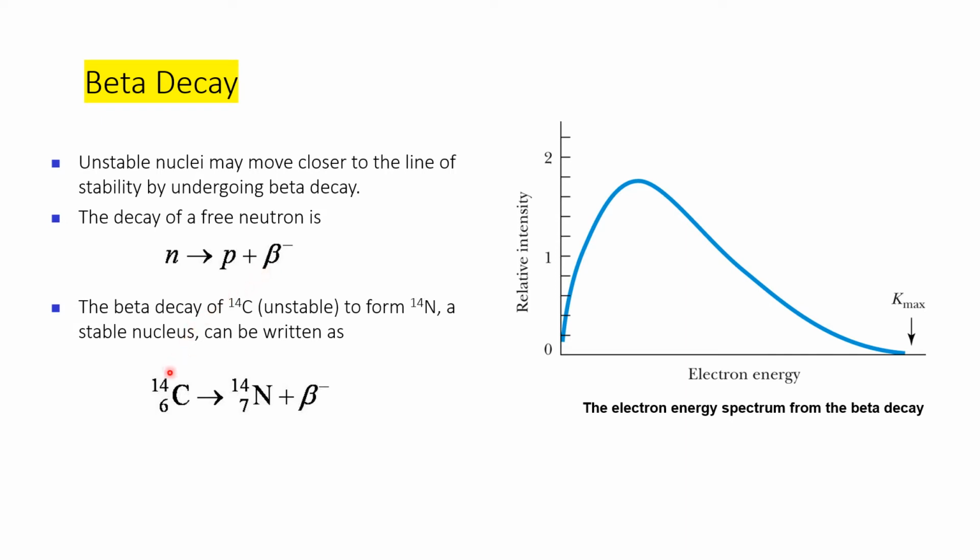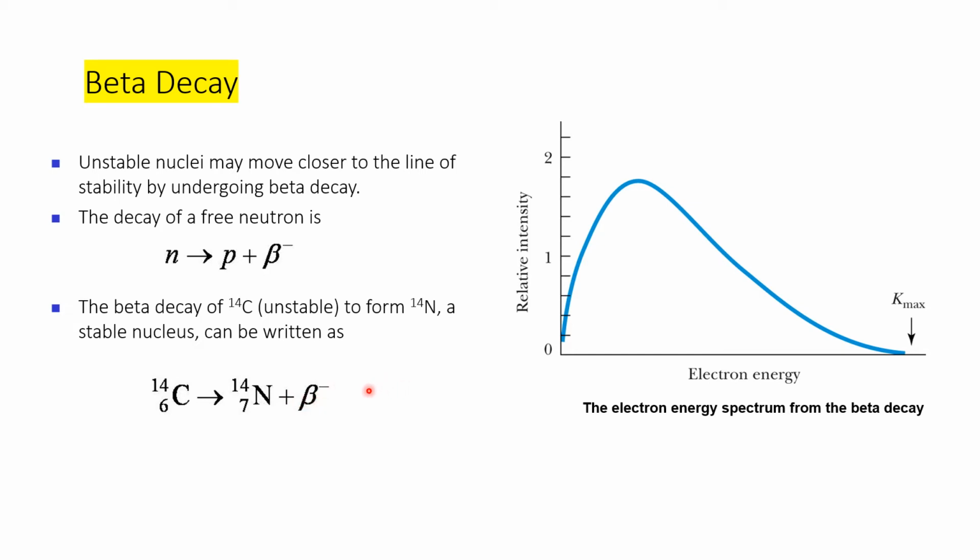For example, the beta decay of your carbon-14, which is an unstable atom, to form nitrogen-14, a stable nucleus, can be written as the following using your free neutron decay. So you have carbon-14 that decays to nitrogen-14 and it emits a beta minus particle.